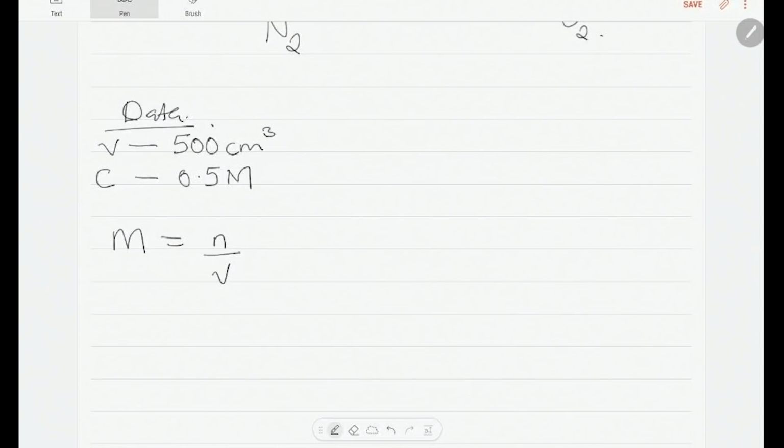Since we have molarity and we also have volume, in this case, what we do is we make N the subject of the formula. So N is equal to capital letter M multiplied by V. So M in this case, where M is equal to molarity, measured in mole per decimeter cubed.